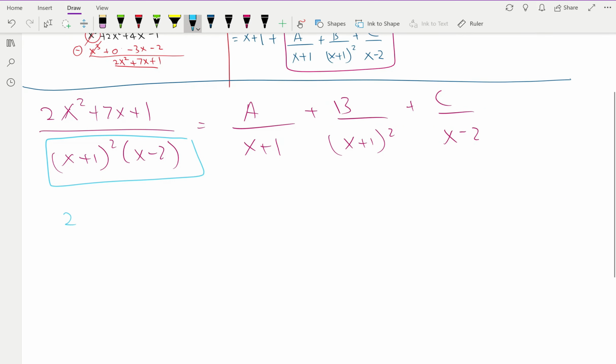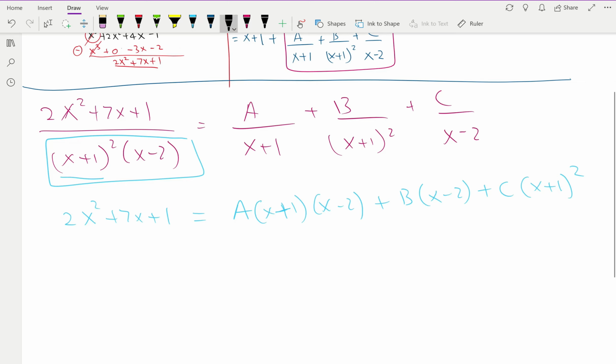On the left hand side, we will be left with 2x squared plus 7x plus 1. We have already done this a lot of times in our previous videos, right? So for the first term, x plus 1 will be cancelled out, and x plus 1 will be left with A times x minus 2. Here x plus 1 squared will cancel out, so x minus 2 will remain. Here x minus 2 will cancel out, so x plus 1 squared will remain.